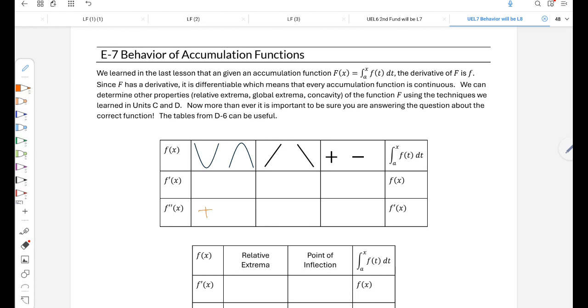I'm going to work my way back up to that one. So if you're concave up, and probably defining is the wrong word, but the thing we first learned was that it meant the second derivative was positive, and if you're concave down, the second derivative is negative. And that leads us to the next column. If your function is increasing or decreasing, what derivative do we generally think of? The first derivative.